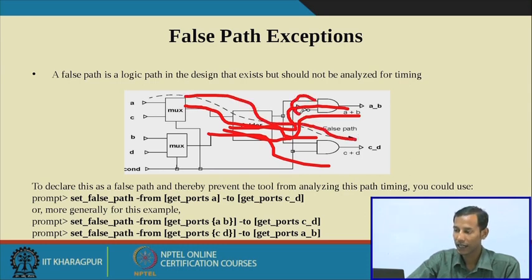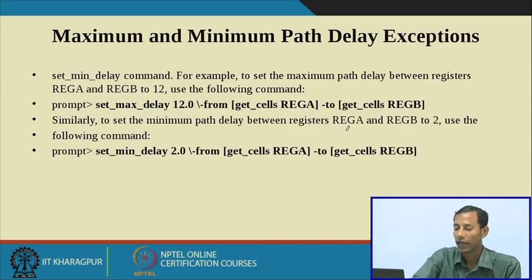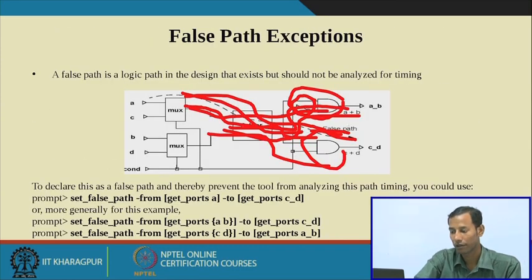Because in this path an extra inverter is placed here, so the delay will be more than this path. That's why the critical path will be this, not this one, though there is a connection from input to the output for this particular path. That's why this is known as a false path, because it is not coming into the critical path of the system, and you can set the false path with this command.